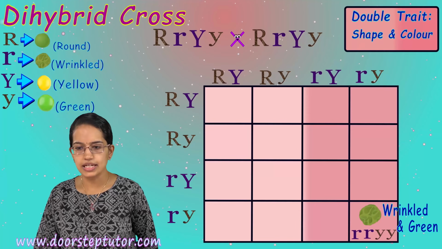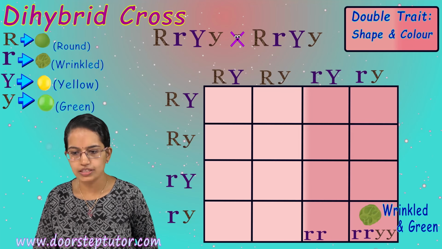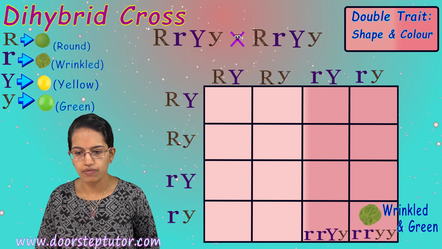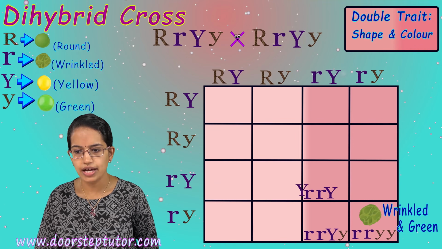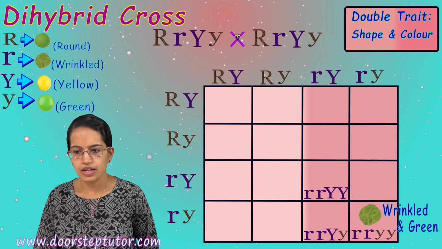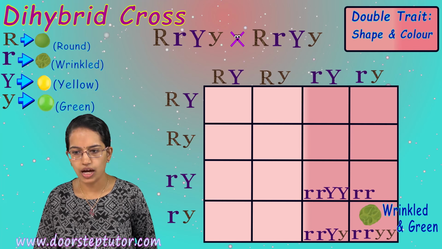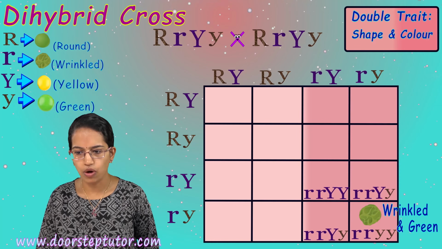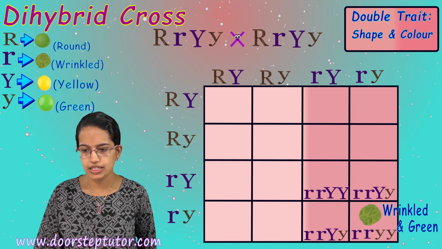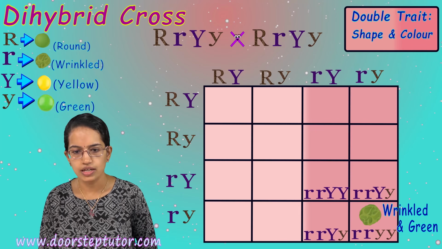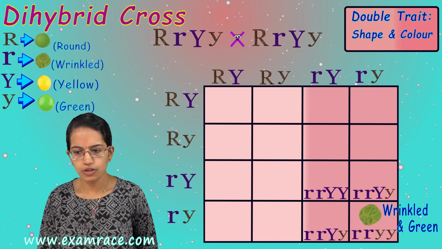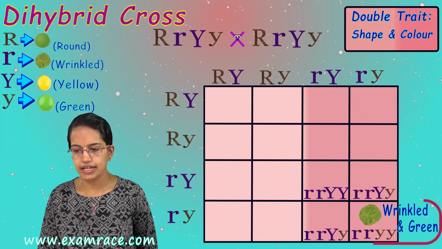There would be 3 conditions where you would have small r, capital Y, small y. And these 3 would be the condition where it would be wrinkled, because small r stands for wrinkled.